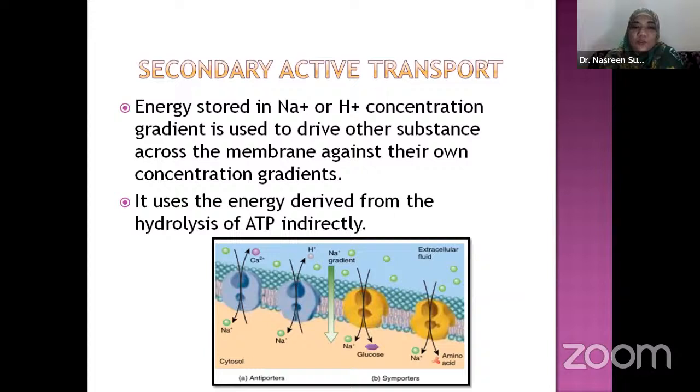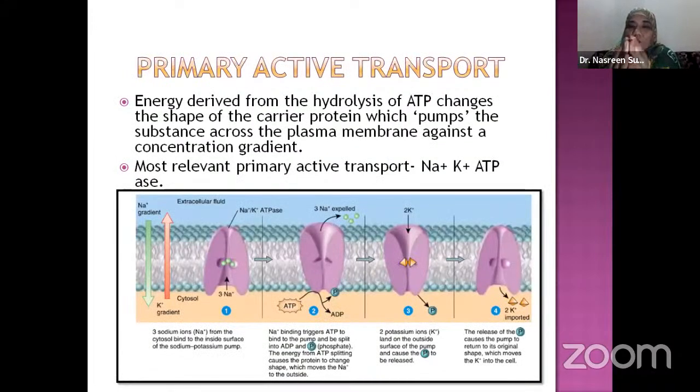For example, if you see here, there are 2 types of channels, antiporters and symporters. Now if you have seen in the active transport, one channel is getting sodium inside and the same channel is sending sodium outside and getting the potassium inside.